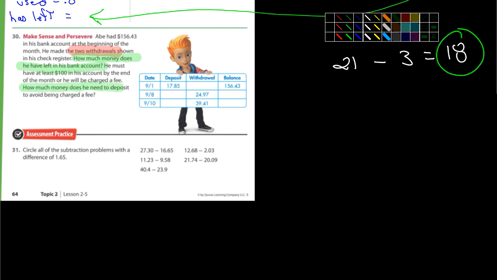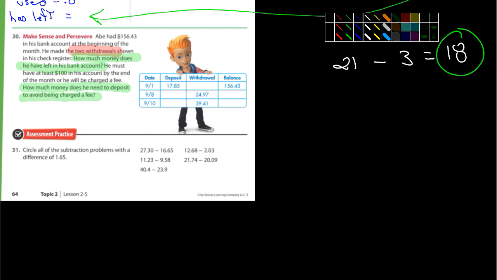So there's two questions. How much did he have left after the withdrawals, or as Miss Jennings put it, taking money out? And it's probably less than 100, because apparently he needs to put some money back in to keep it at least 100 or more. Otherwise, he's charged a fee. So I'll let you guys do that one.